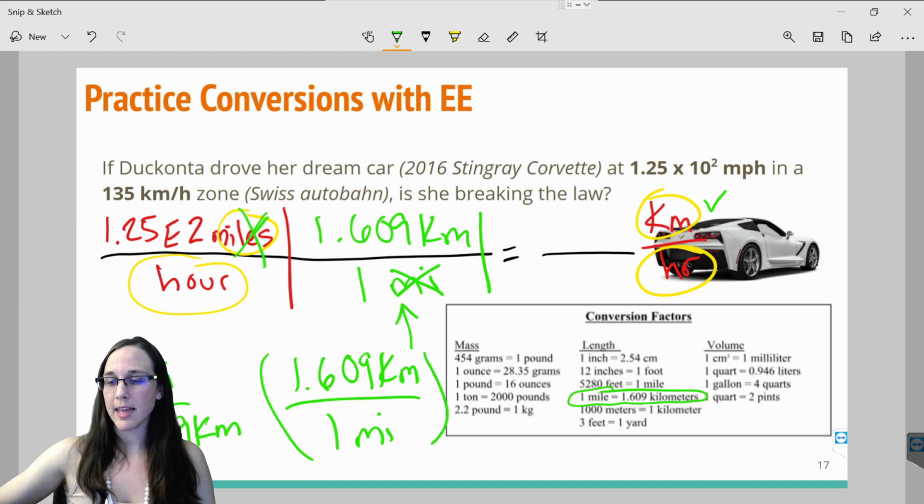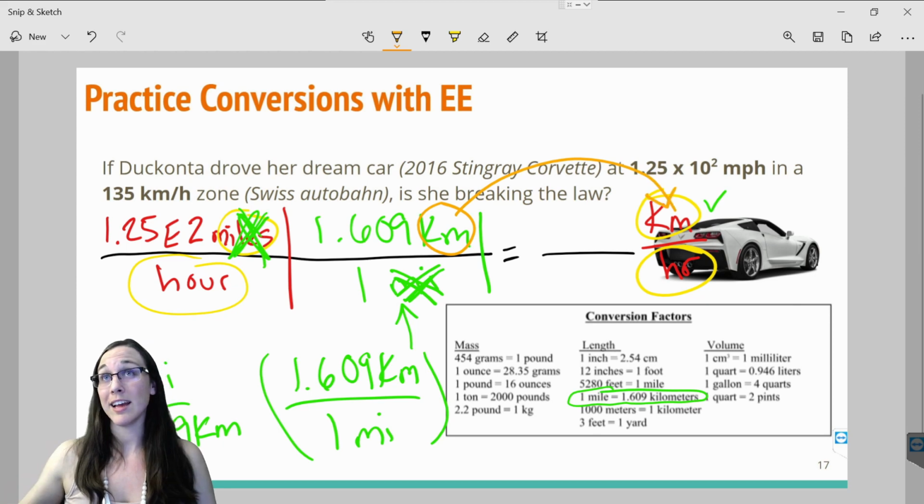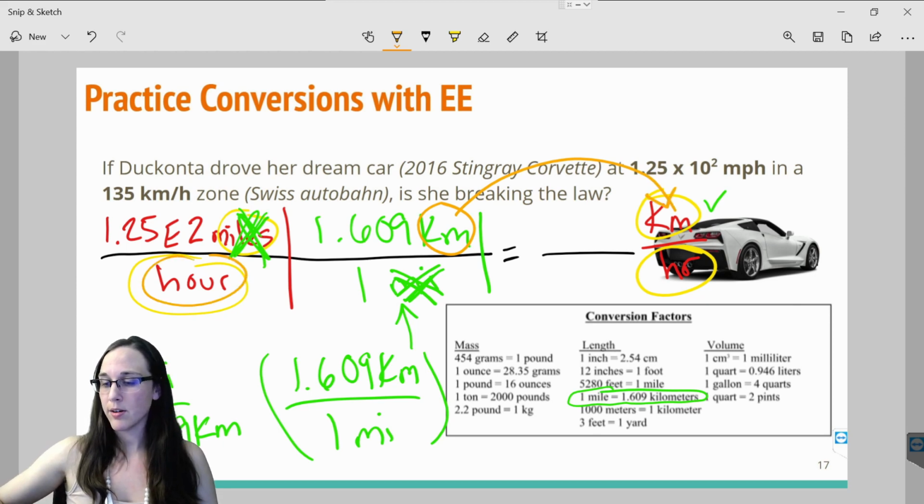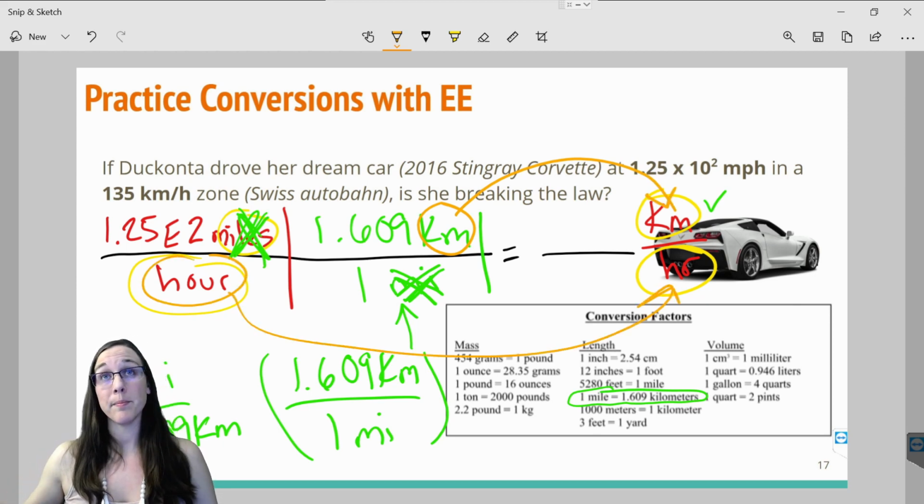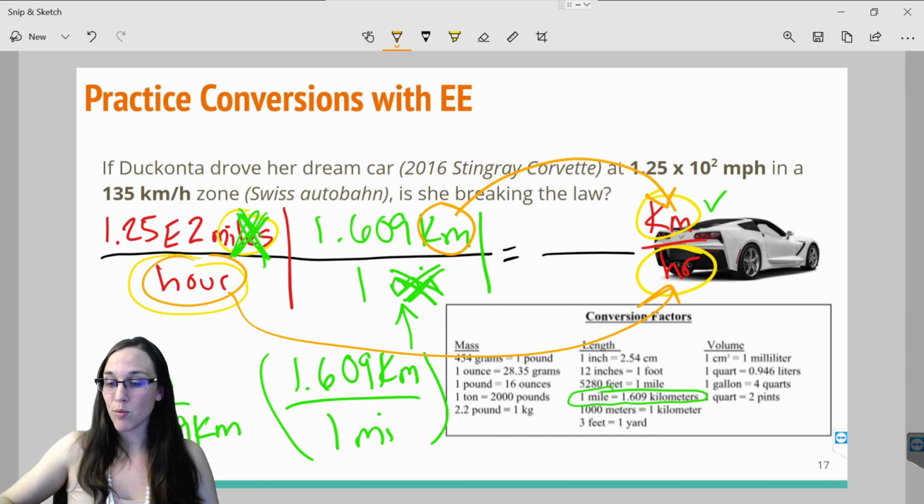Now my miles cancel here and here, and I am indeed left with kilometers for my final answer on top, and hour for my final answer on bottom. Here, we only have ones on the bottom, so 1 times 1, 1 there is just 1. Don't really have to do anything there. And on top, we have 1.25 E2 times 1.609.